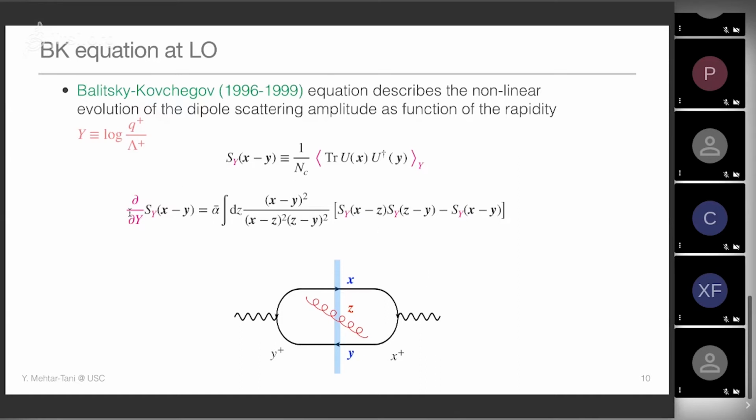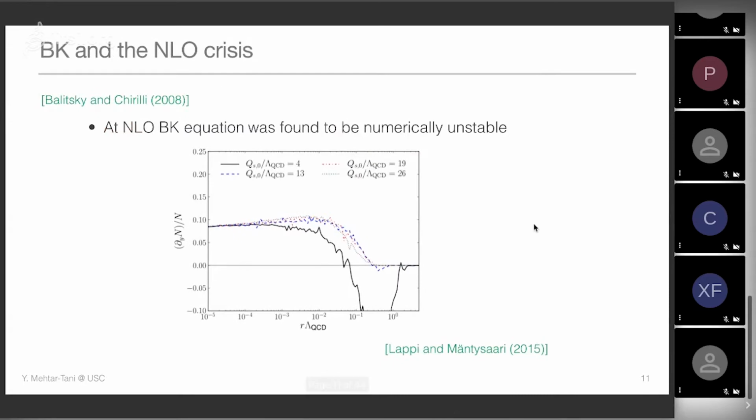All right, so now this is the variation with respect to the rapidity, and you get this nonlinear evolution equation, which, as you can see, has a fixed point when S goes to 1, then the right hand side goes to 0, which means simply that this is where saturation happens, when the S matrix here goes to 1. Now you go to next to leading order. What happens? So I'm not showing the equations, but this was done, and the equations are known, and they were put on a computer.